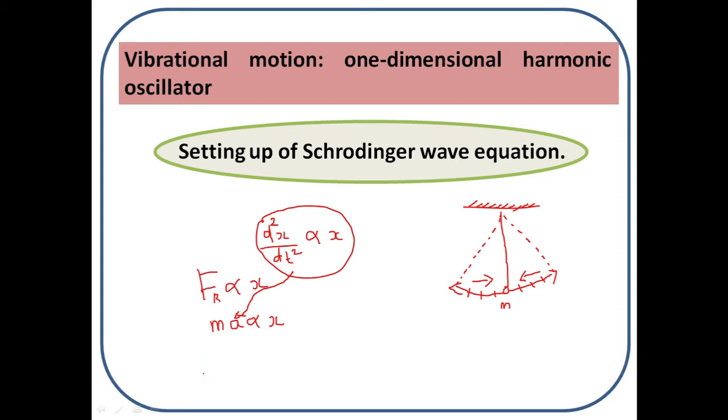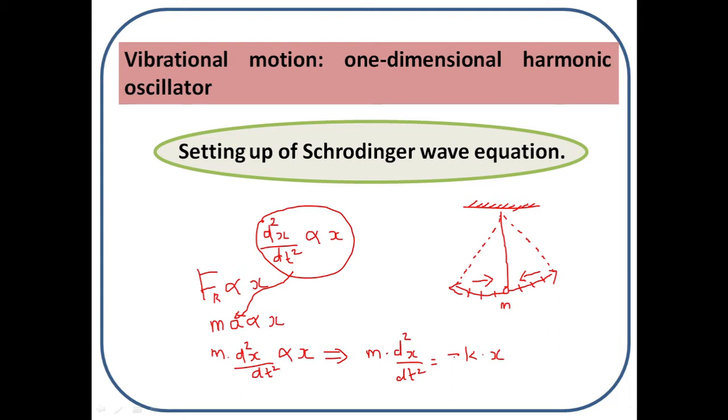For acceleration, we plug this equation into this one. So we get m into d square x by dt squared, m into the second derivative of x with respect to time, is directly proportional to the displacement from the mean position x. Now we can replace this proportionality sign by a constant of proportionality, and this implies that m into d squared x by dt squared is equal to minus k into x.